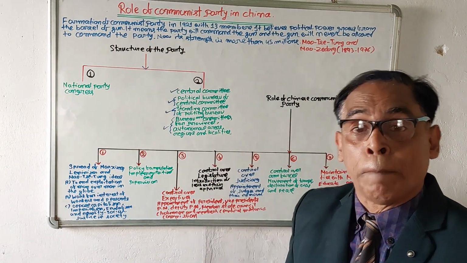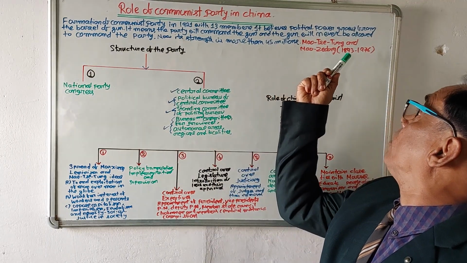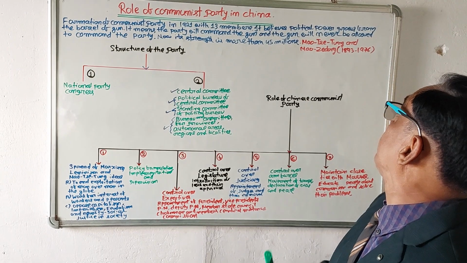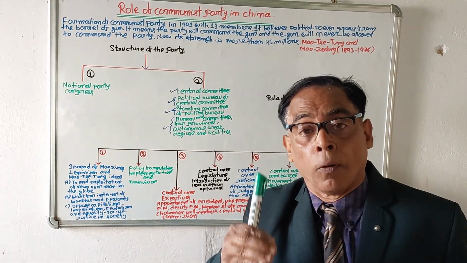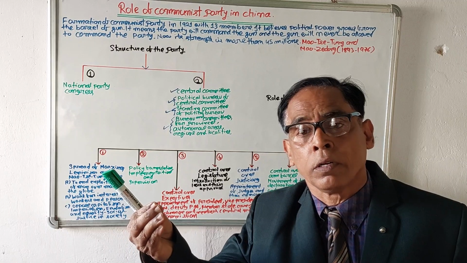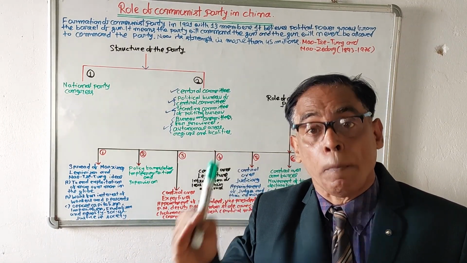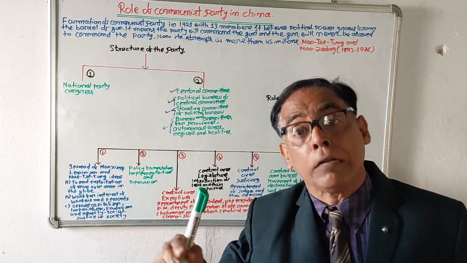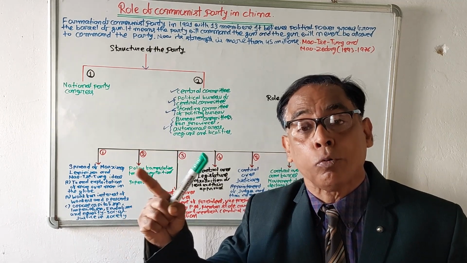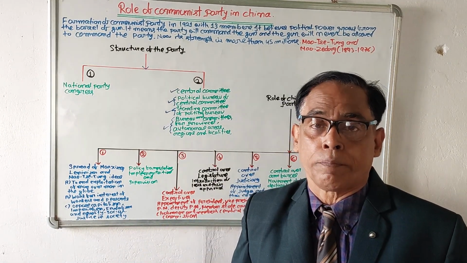That is why Mao Zedong, who was born in the year 1893 and died in the year 1976, once said that political power grows from the barrel of the gun. It means the Chinese Communist Party can give command to the gun, but no one can give command to the gun against the Chinese Communist Party.